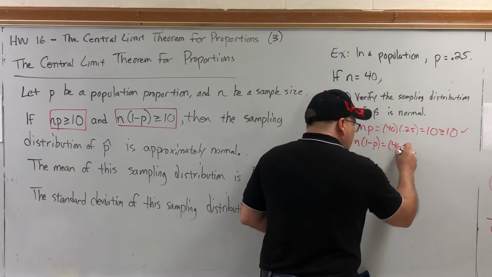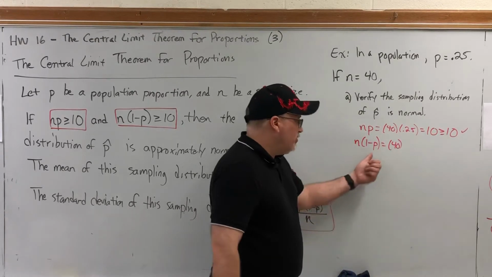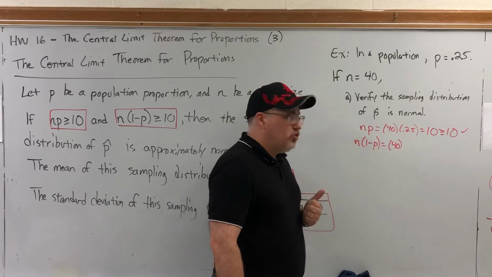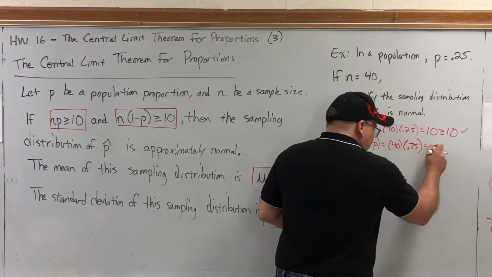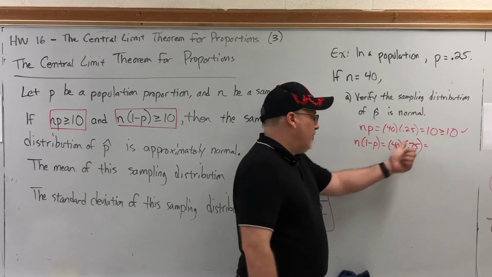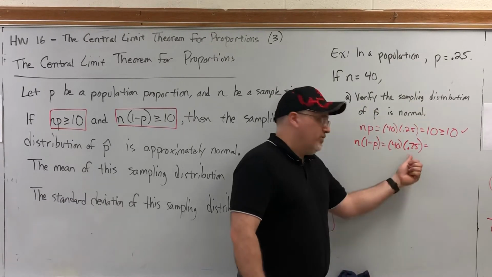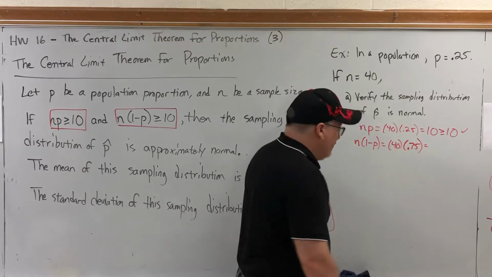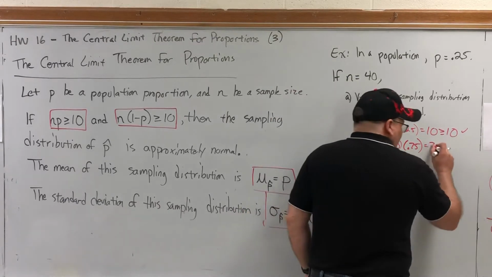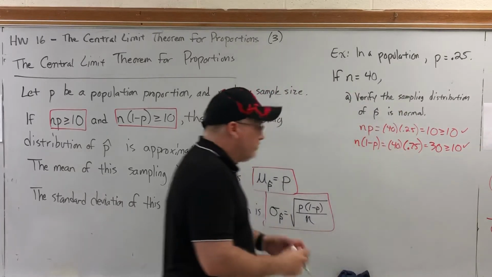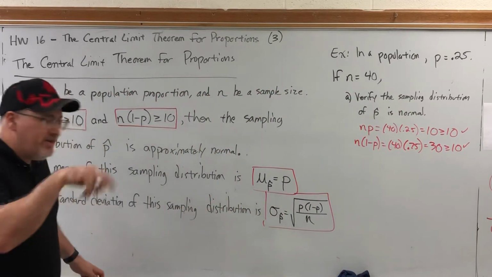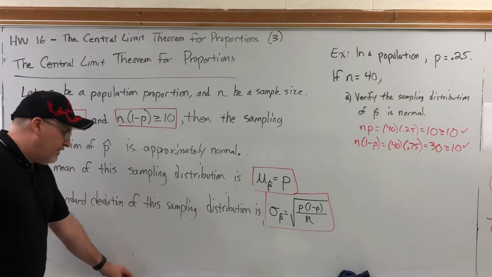N is 40. Well, if p is 0.25, then 1 minus 0.25 is 0.75. So 25% of the population has a characteristic, the other 75% don't. 40 times 0.75 is 30, which of course is greater than or equal to 10. So that's all you have to do to verify that the p-hats are normally distributed, that their distribution would make a bell curve approximately.